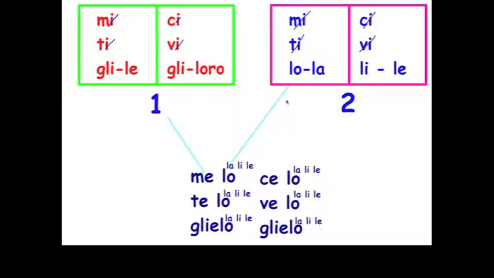So remember, usually in a sentence you have the object first and then the indirect object. Once you extract that and you don't use the nouns anymore and you actually use the pronoun, they switch order. You have the indirect object first and then the direct object next. And the top four, the i's become e's, and then you add the other pronoun. This has a special combination and becomes glielo or gliela, glie plus the object, all one word.